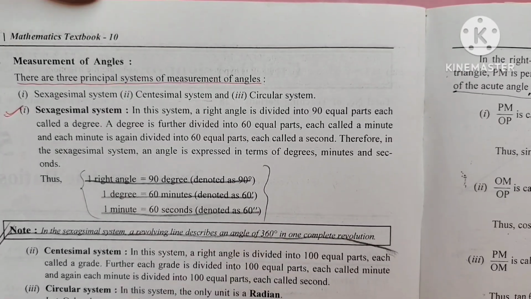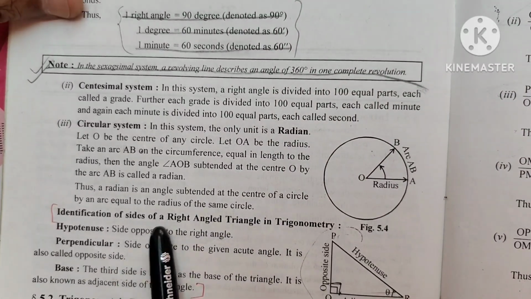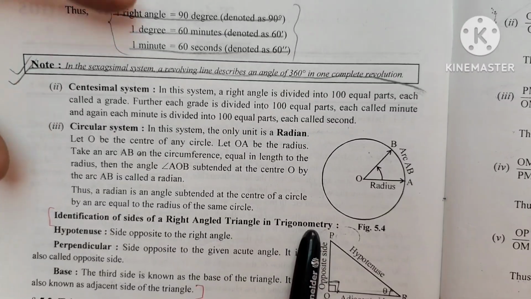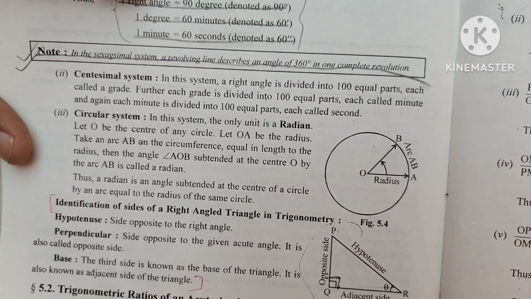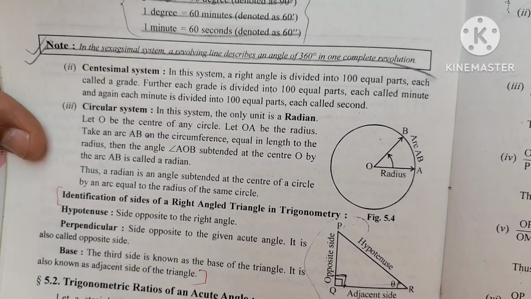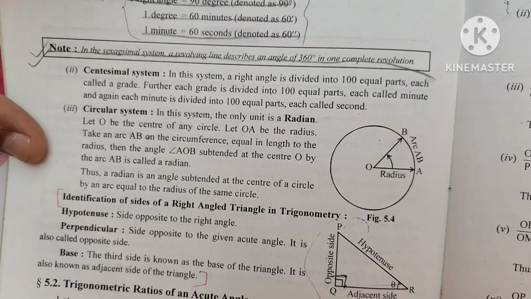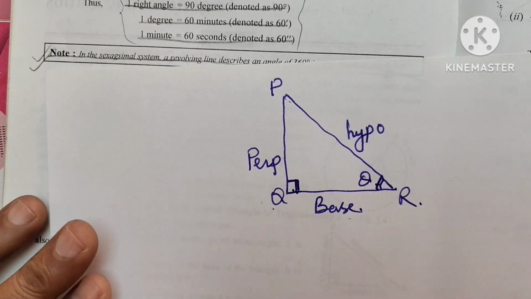Now let us come to the next point, identification of the sides of a right angled triangle in trigonometry. So first of all you should learn about the right angle triangle. Let me explain what is meant by a right angle triangle.